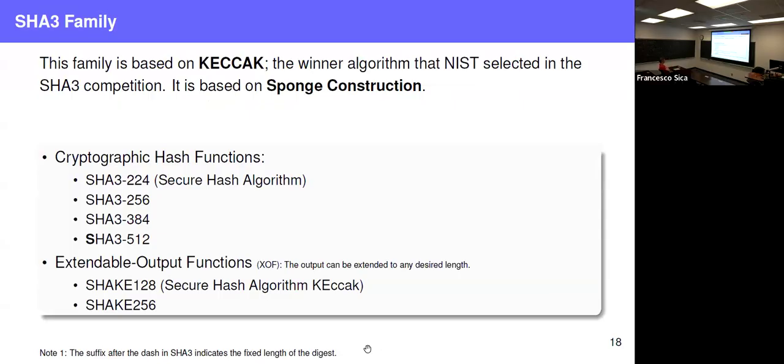The SHA-3 family includes SHA-224 through SHA-512, and in these four members we have a fixed output size.